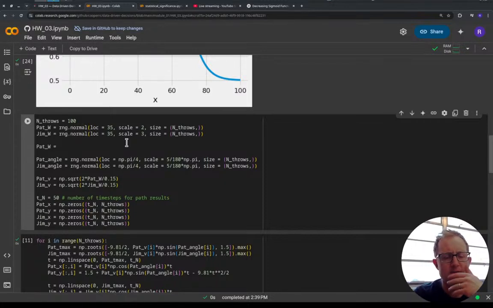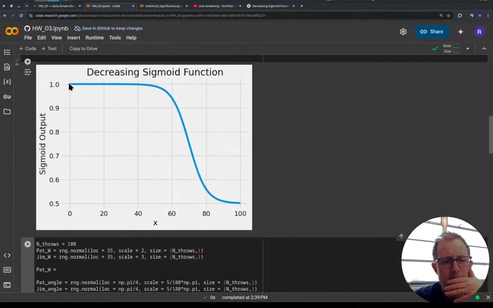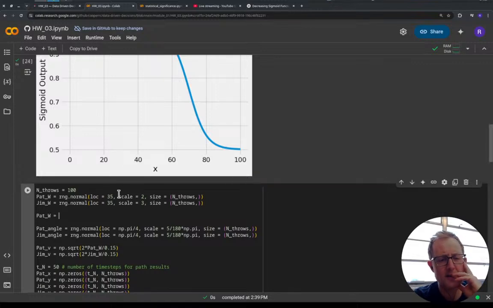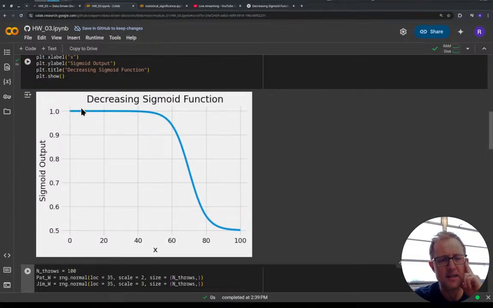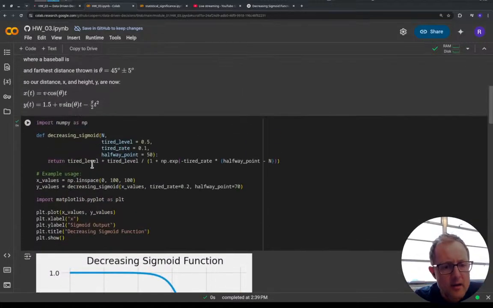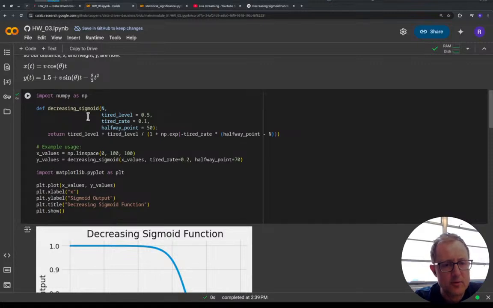Here I've got this function that goes from 0 to 100. I'm just going to take these values and multiply them by the number of throws here. So I'll take my, what did we call it? Decreasing sigmoid. It's kind of a boring name, huh?